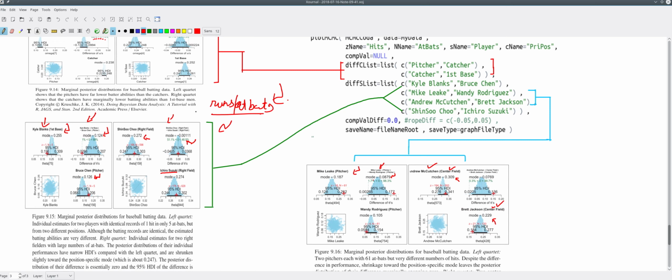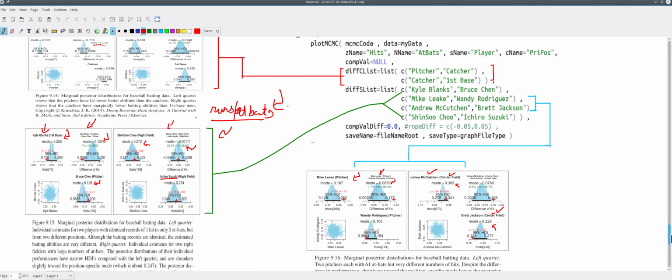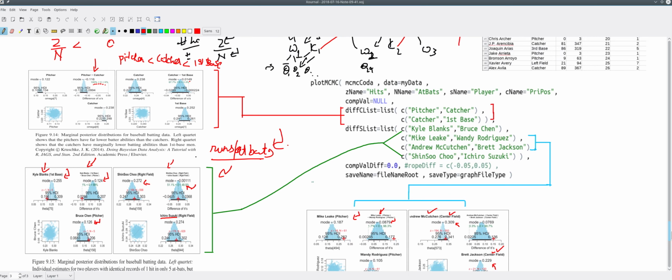So these kinds of nuanced analyses are possible fairly easily by just specifying the appropriate requirements to the plot MCMC function. And we are able to do that because we have the posteriors computed for all of the individual players.